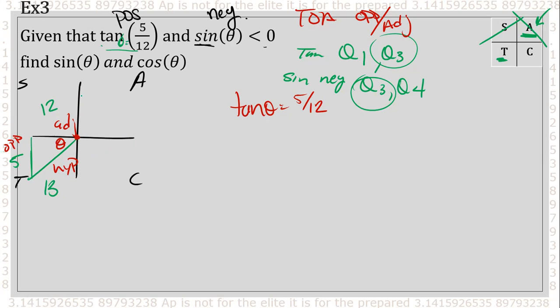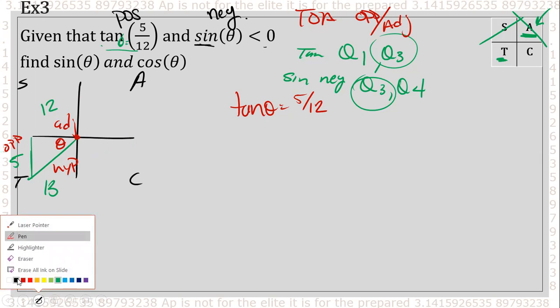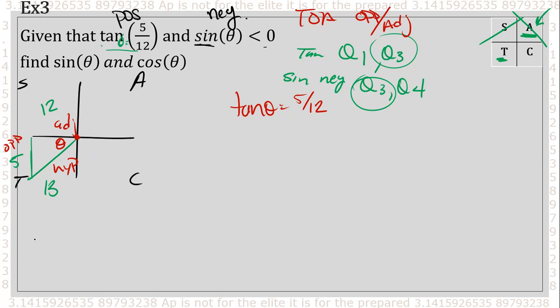Okay, so let's go ahead and fill this in. They want us to find sine of this right here. Sorry about that, I almost forgot something. Keep in mind, this 12 is in the negative direction, so it's negative 12, and there's negative 5.